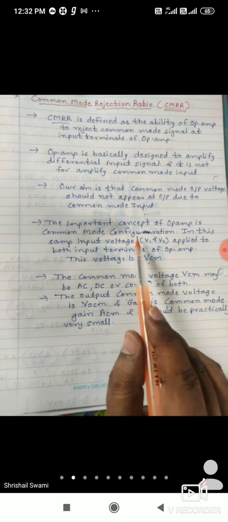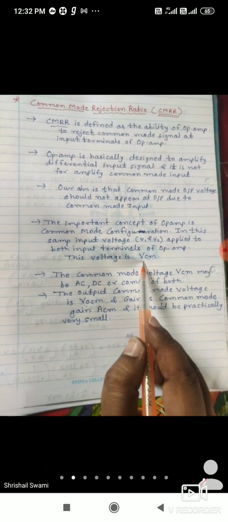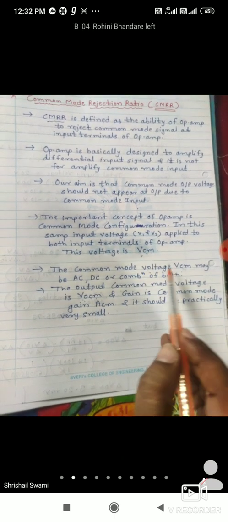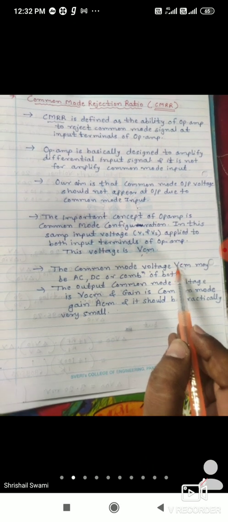So once again, we have to understand the common mode rejection by using the common mode configuration. In this, the same input voltage is applied to both input terminals of the op amp, and this voltage is the common mode signal VCM. Due to this VCM, there exists a common mode output voltage, denoted as VOCM. The input voltage may be positive, AC, DC, or a combination of both.